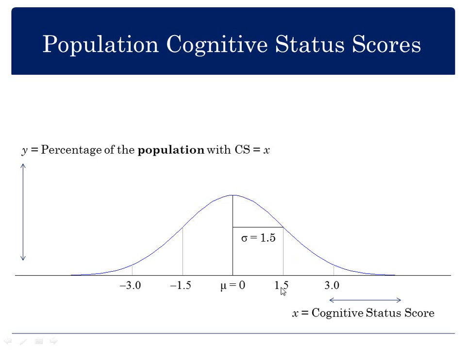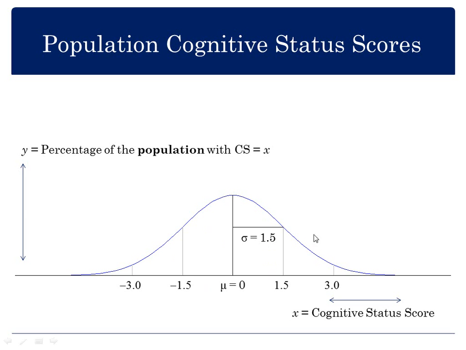So going out 2 standard deviations from 0, 1.5, 3.0, and in the opposite direction, minus 1.5, minus 3.0, I have approximately 95% of the general population. So if I randomly drew someone from this population, I would expect them to have a score definitely not beyond 3, but probably even within the range of minus 1.5 to 1.5, because it turns out there's something called the empirical rule for the normal distribution.